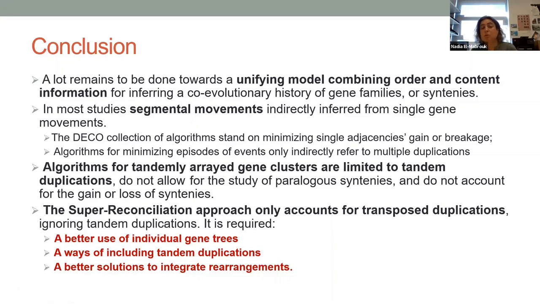Also, algorithms for minimizing episodes of events only indirectly refer to multiple duplications. So our super reconciliation model is more or less the only one accounting for segmental duplications. I didn't present algorithms for tandemly arrayed genes, but there are also algorithms accounting for both gene trees and gene orders to infer tandemly arrayed genes, but these algorithms are restricted to tandem duplications.